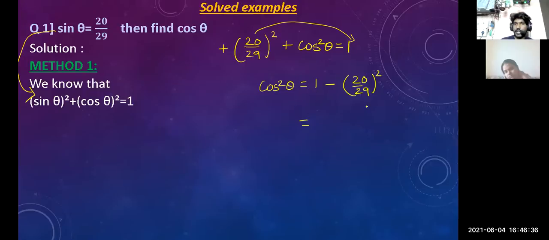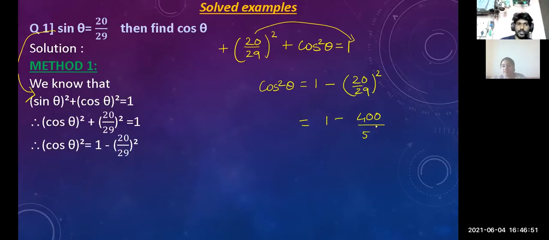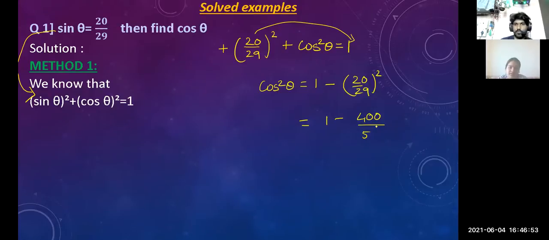Now you take the square of it. So 20 square is 400. And what is square of 29? 841.